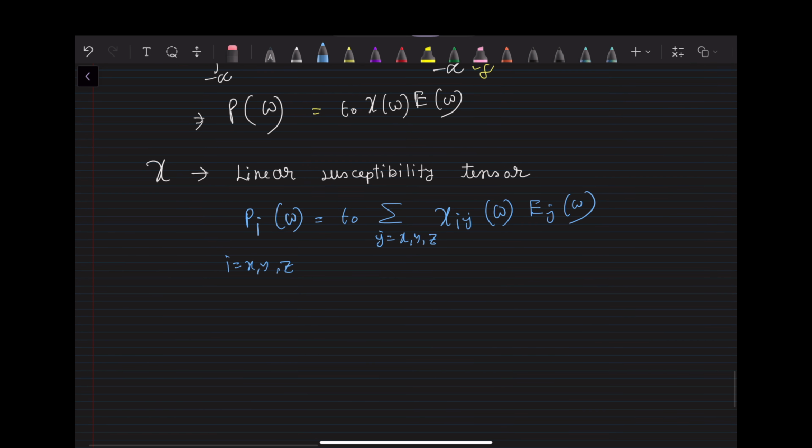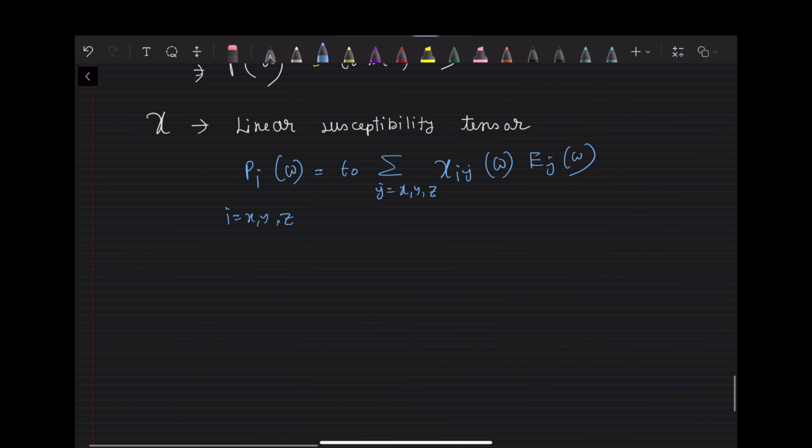Okay, then that's very important. We'll come back to it, and in nonlinear optics we'll see how the tensor properties are for second harmonic generation, and we'll see some identities.